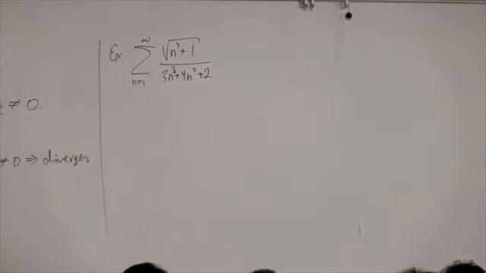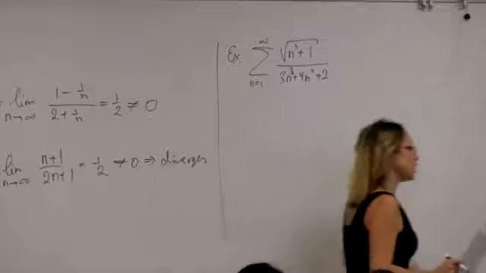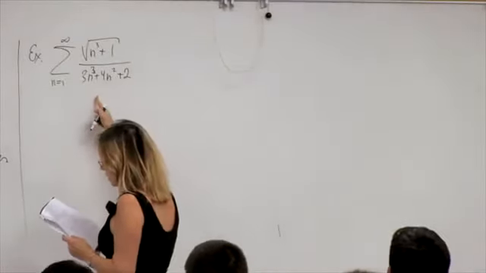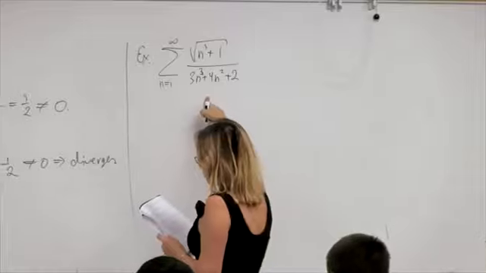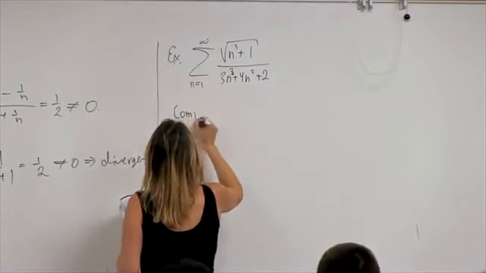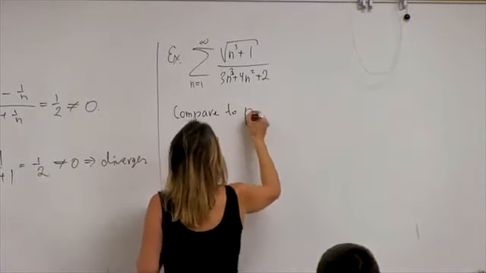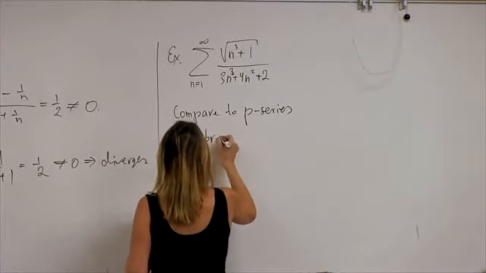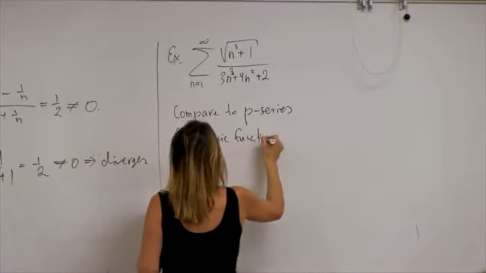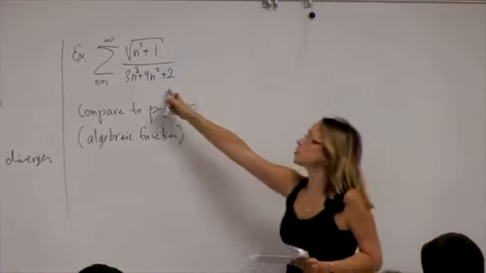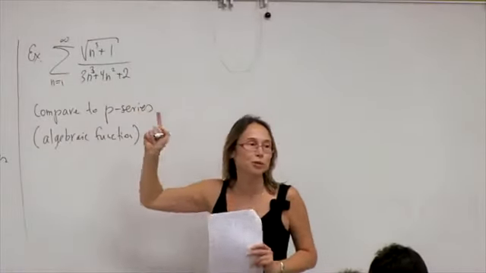You can see that this belongs to a large class of examples where we have algebraic functions, and these are usually compared to p-series. So I have to find the p-series that's most closely related to this. How do I do this? There's one algorithm that you can always use.